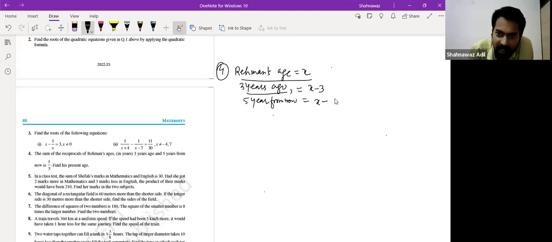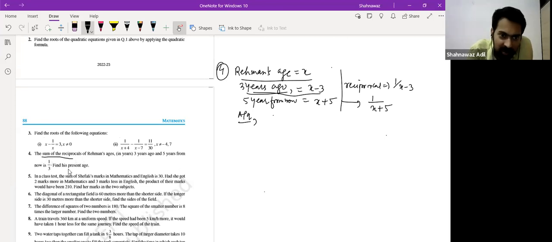x plus 5. Correct. And now what is the relation that they have given? The sum of the reciprocals. So the reciprocal of this one is how much? 1 by x minus 3, and this one is 1 by x plus 5.